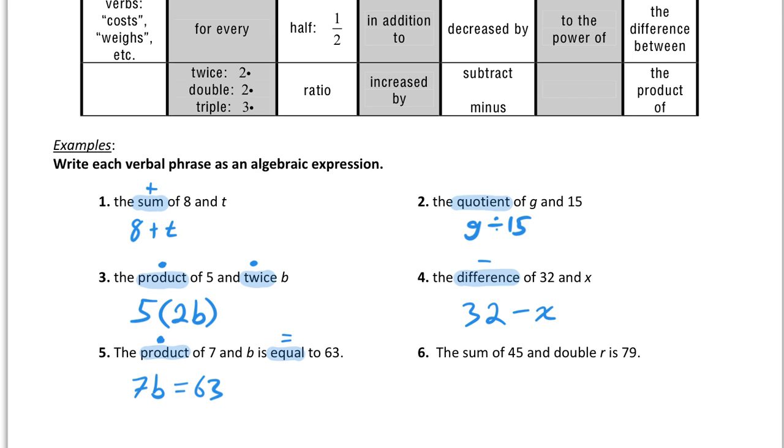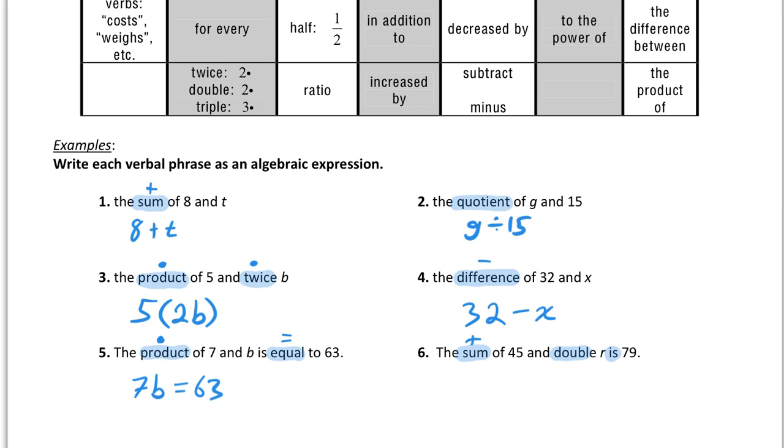In the next one, we have the sum. We know that that's an addition question. And double r. We haven't seen double yet, but if I look above, I can see double is the same as twice, so we're multiplying it by 2. So we've got the sum of 45 and double r. Oh, and then another keyword is equal.